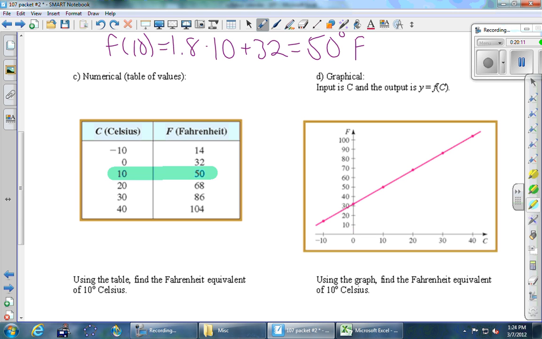There's something appealing about the table. If I just wanted to know what the Fahrenheit equivalent of 30 degrees Celsius is, would you rather use the rule or use the table? Table, it's right there. If you use the rule, you have to do work. So there are some upsides to the table. What's the downside to the table? Okay, we don't know what the formula is.